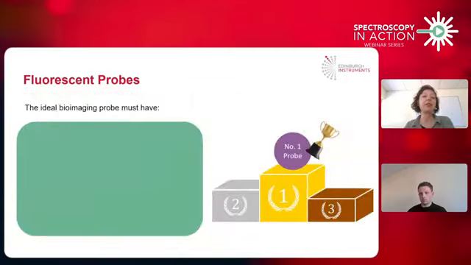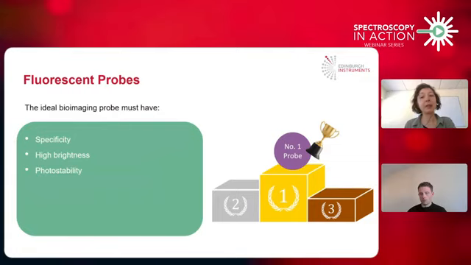So what are the ideal features of a bioimaging probe for fluorescent microscopy? First, it must have specificity to the target of interest. High brightness, that means high absorption coefficient and high quantum yield, so we can detect the image more easily.